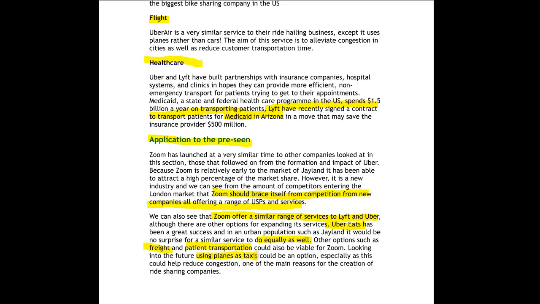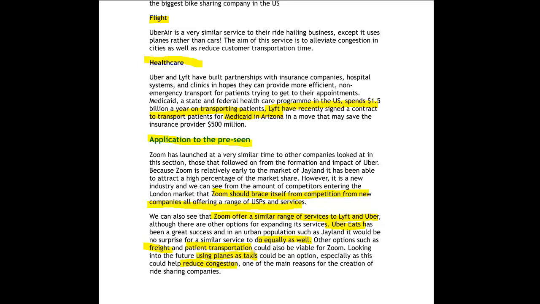Now, of course, another possibility could be using planes as taxis later on. That's certainly an avenue that should be analysed by Zoom, because it could help reduce congestion. J-Land, as we can see in the pre-seen, has a real problem with congestion. Its infrastructure is really having problems.